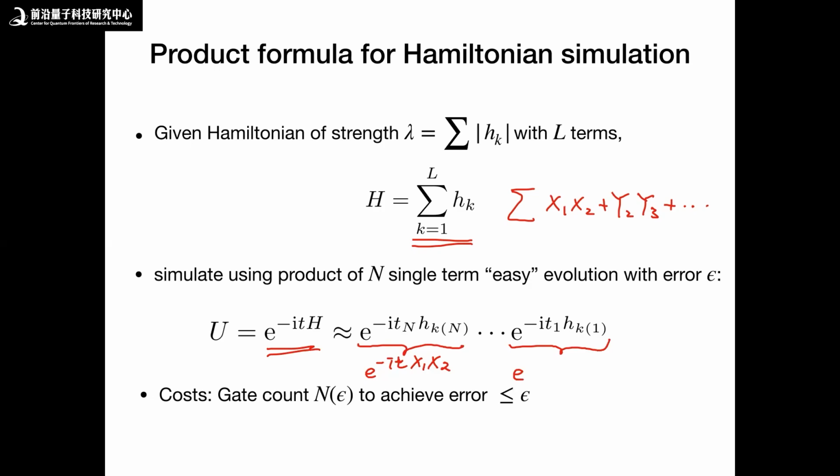To add a bit more detail, we're going to quantify our performance in terms of the gate count. What is gate count? It's just the number of these terms: 1, 2, 3, and so on. This is just one of the possible metrics to count. There could be other ones, but this turns out to capture a lot of what happens.